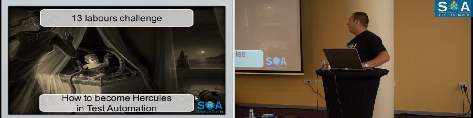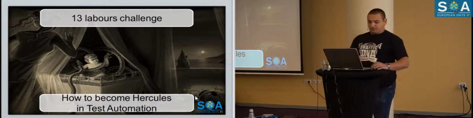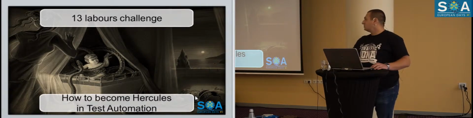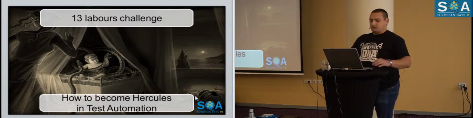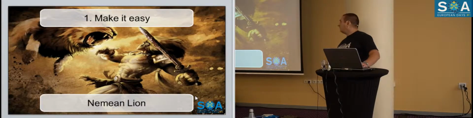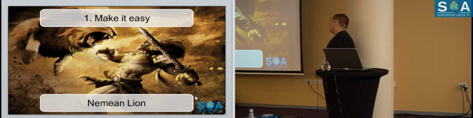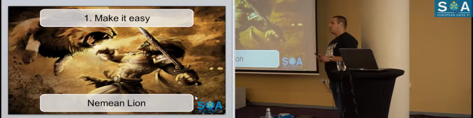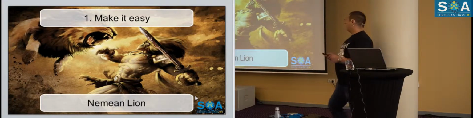I was thinking how many challenges there are on the tester's way, and I identified the top 13 problems that most testers run into, and I will present them as 13 labors, like Hercules' labors. One of them is like killing the Nemean lion, the first labor.